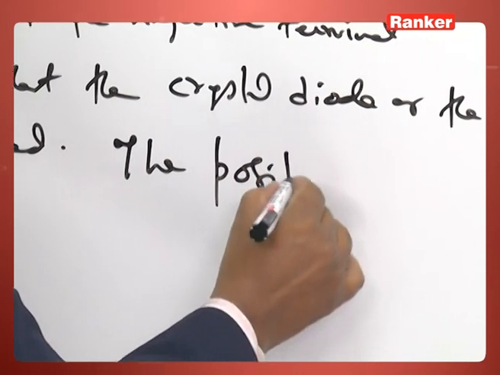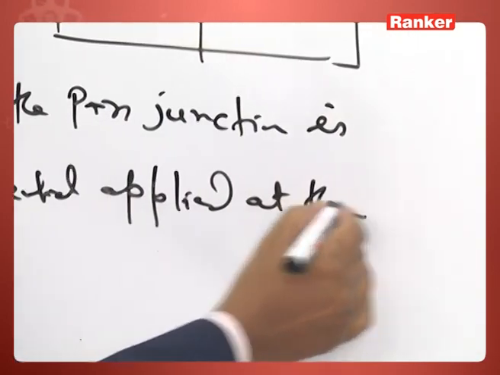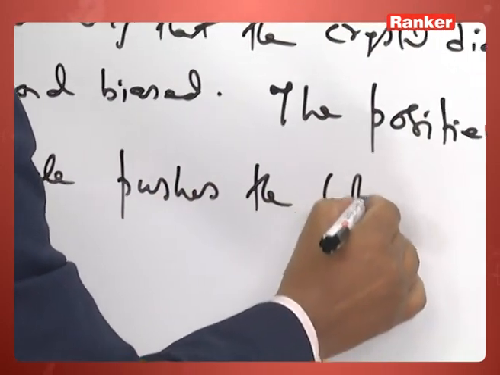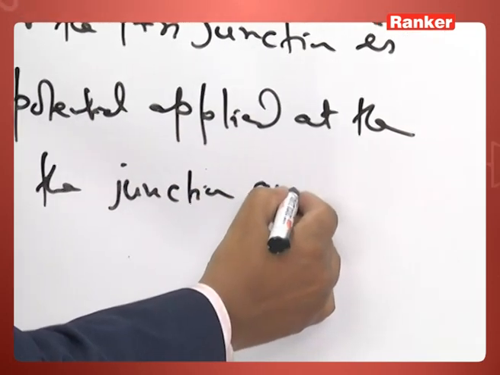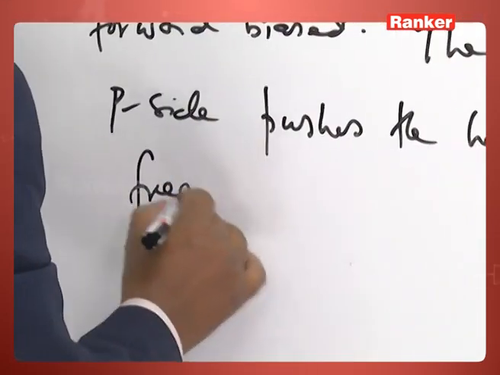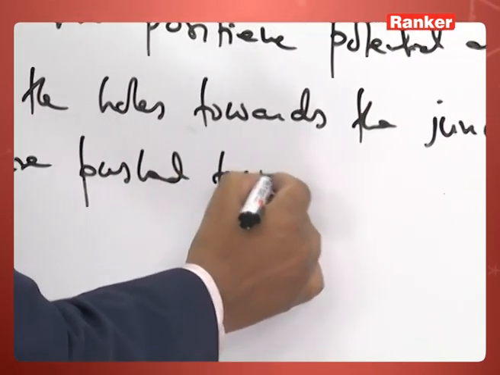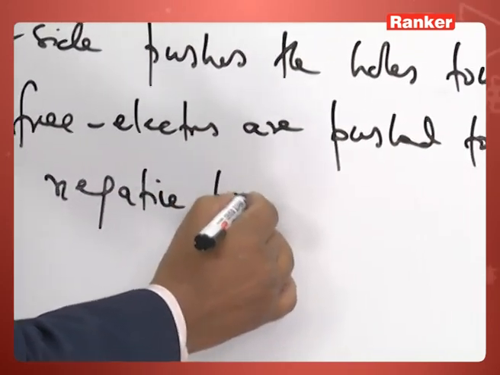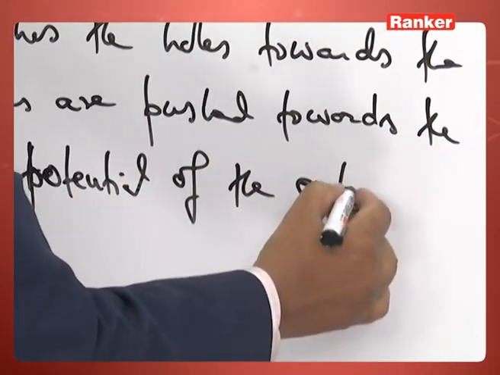The positive potential applied at the P side pushes the holes towards the junction, and the free electrons are pushed towards the junction by the negative potential of the external cell.